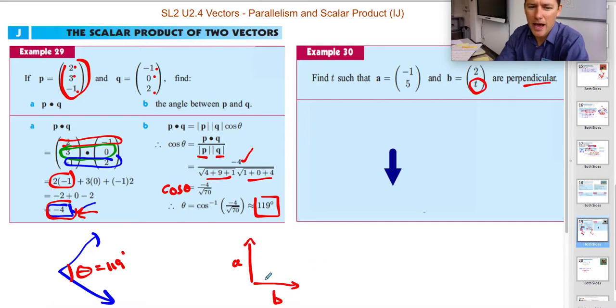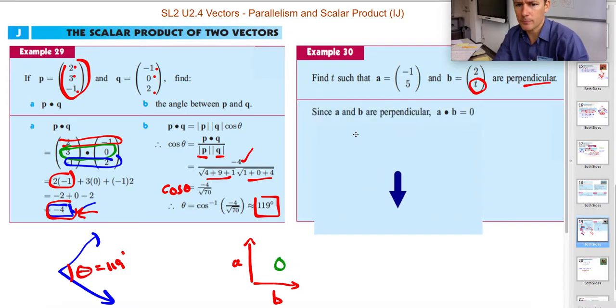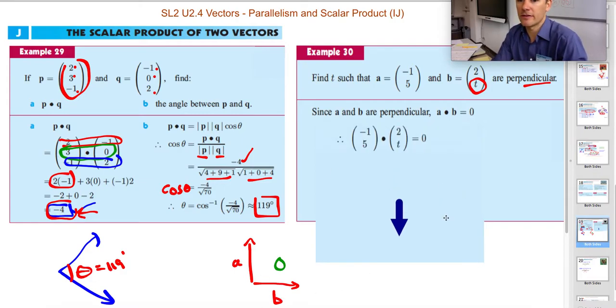How much of B's magnitude is in the same direction as A? Well, none of it. So you can think about it this way: since A and B are perpendicular, when you multiply them you're going to get 0 as the product, because none of A is in the same direction as B and vice versa.